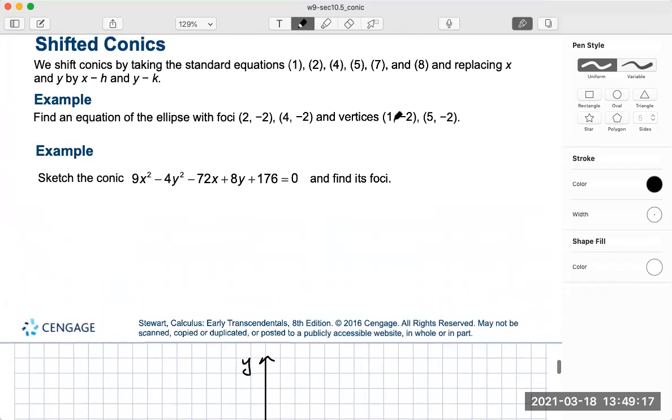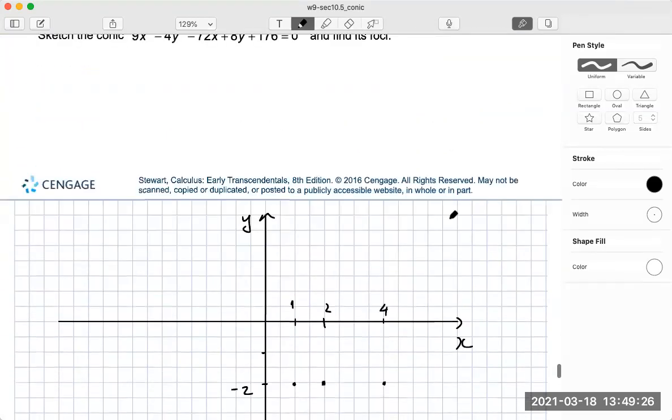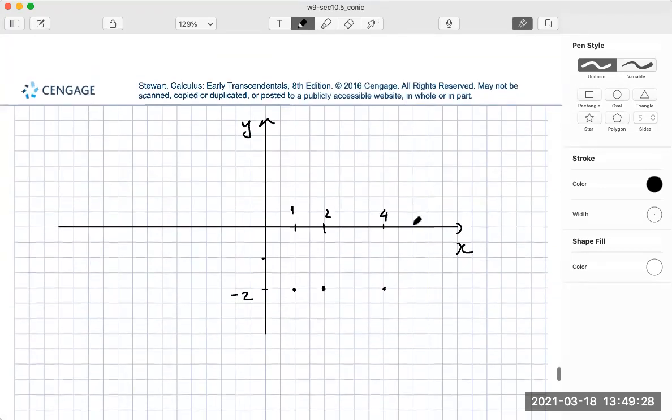The vertices will be (1, -2), which is this point, and (5, -2) here, right? Okay, this is our ellipse.